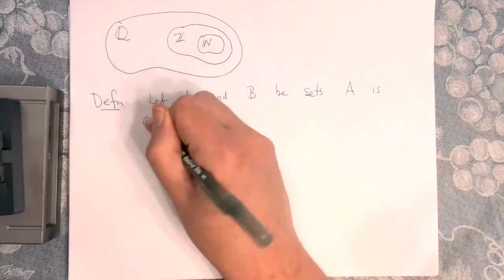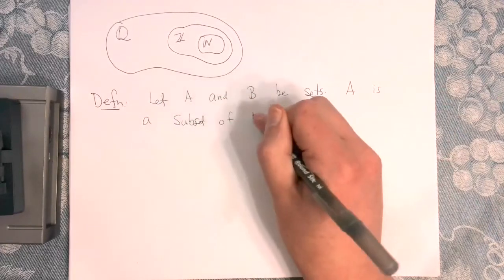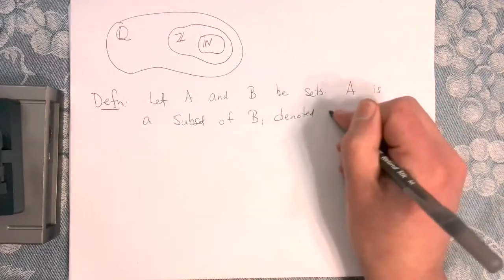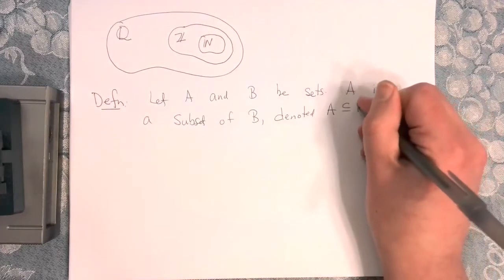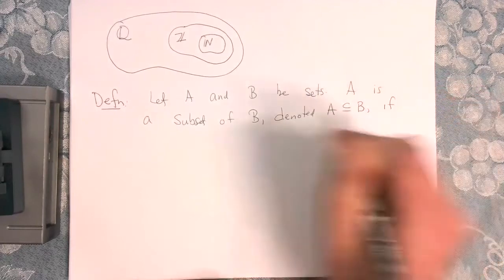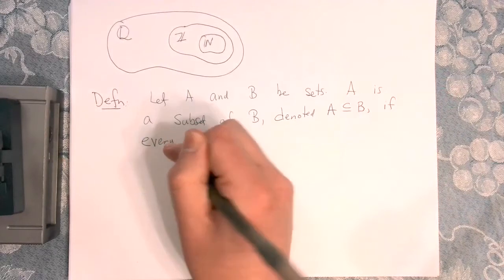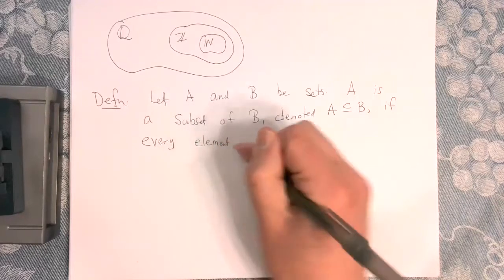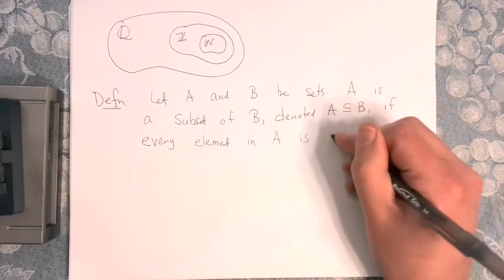A is a subset of B, denoted like this, if every element of A is an element of B.